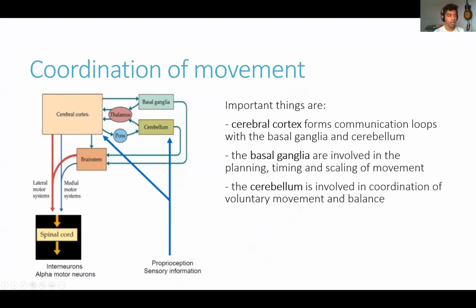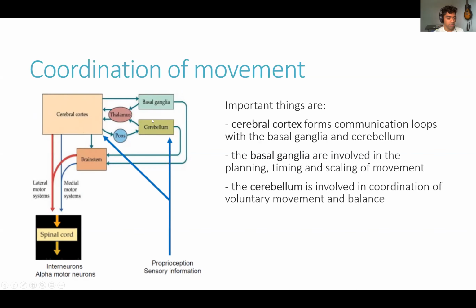So, coordination of movement. Basically what happens in this very complicated diagram is that the cerebral cortex will send a motor plan. So it says, maybe I'll move this muscle, then this muscle, and this muscle to try and do this action. It sends that information to the basal ganglia and the cerebellum.